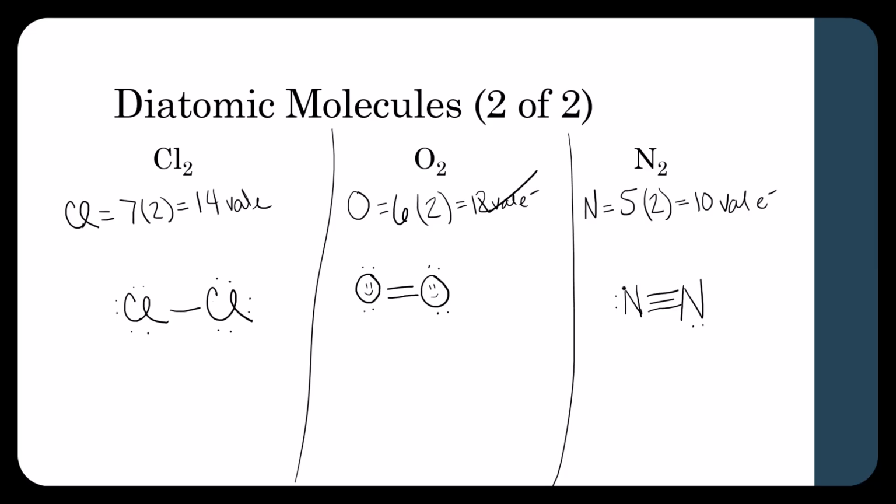We've moved a lot of stuff around, so let's make sure we still have 10. 2, 4, 6, 8, 10. So we still have the appropriate amount. Nitrogen on the left is touching 2, 4, 6, 8. So he's good. And now nitrogen on the right is touching 2, 4, 6, 8. And he's good. So in this scenario, we have what's called a triple bond.